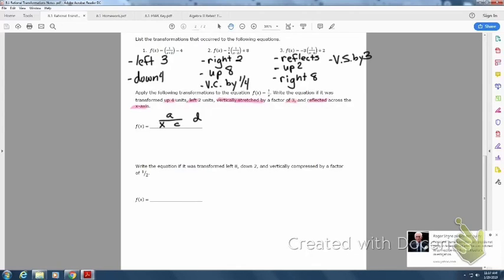So, Trevor, what would be one of the numbers I need to put in there? Brianna helps out.